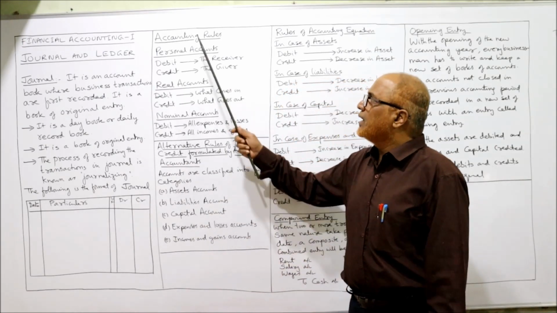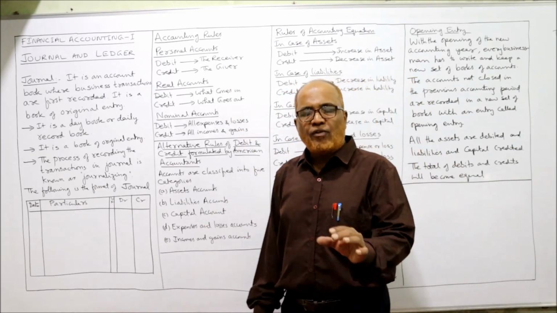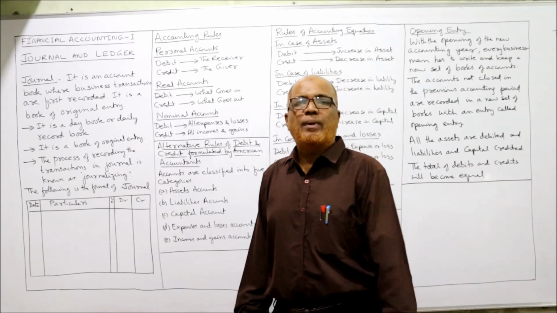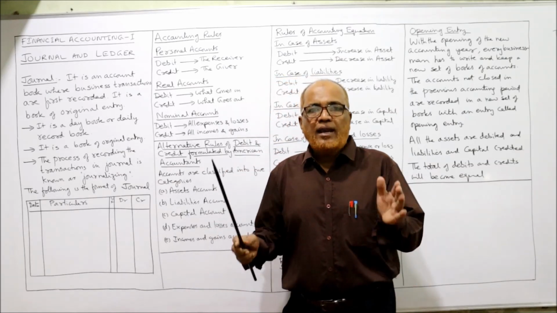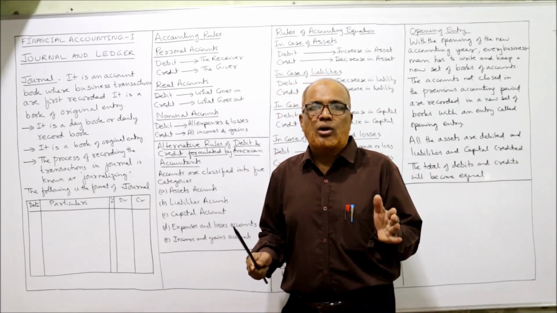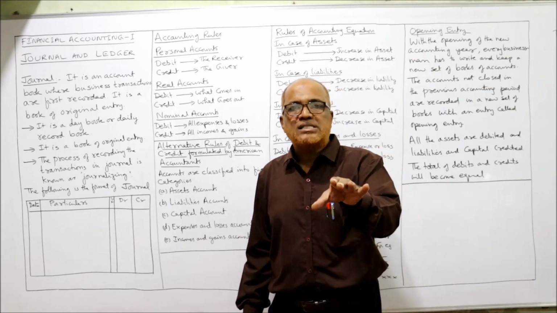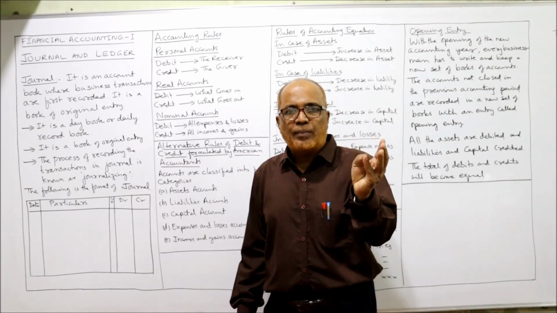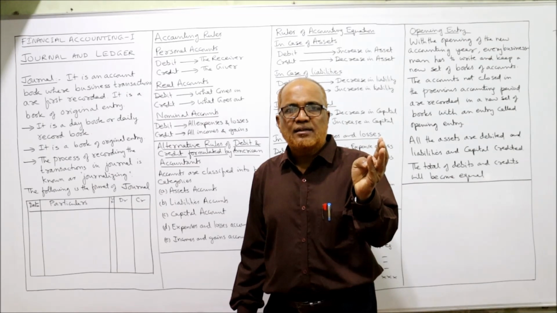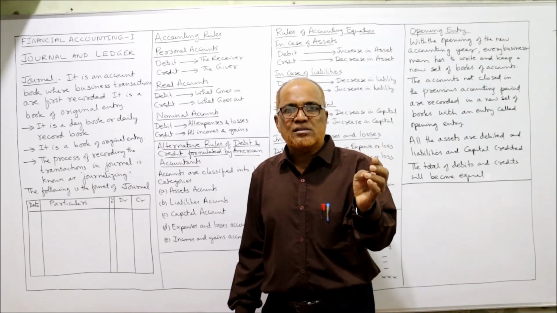Now I am coming to the accounting rules. Before the accounting rules, you must know what you mean by account. An account is a summary record of all the transactions relating to a person, asset, expense, or gains.